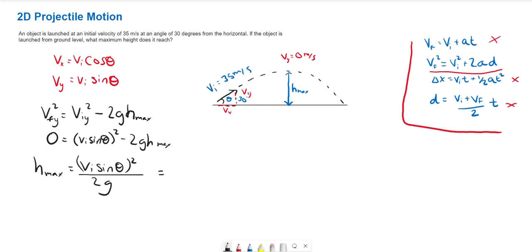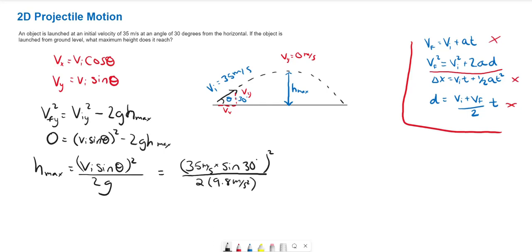So this is going to be 35 meters per second times the sine of 30 degrees. This is squared. And we have 2 times g, which is just 9.8 meters per second squared.